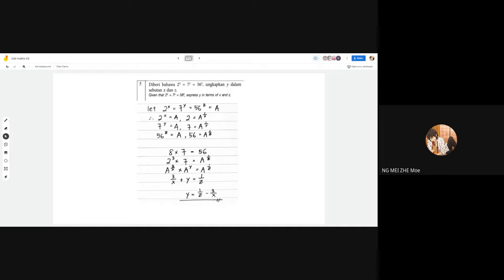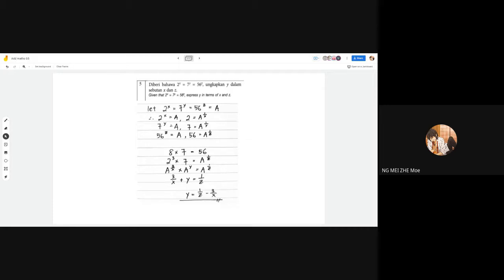Therefore, 2 power of x is a, so 2 equals a power of 1 over x. And 7 power of y equals a, so 7 equals a power of 1 over y. While 56 power of z equals a also, so 56 equals a power of 1 over z.